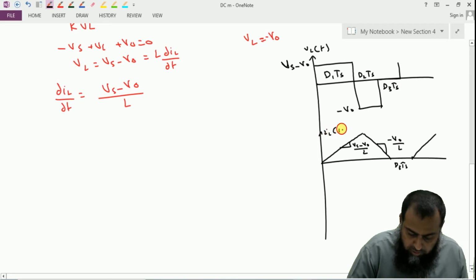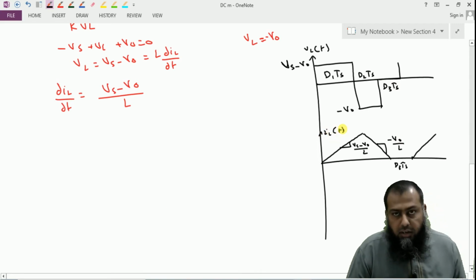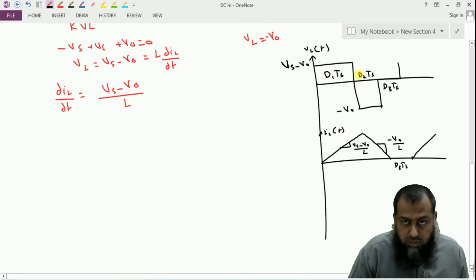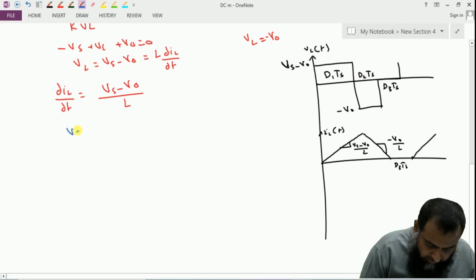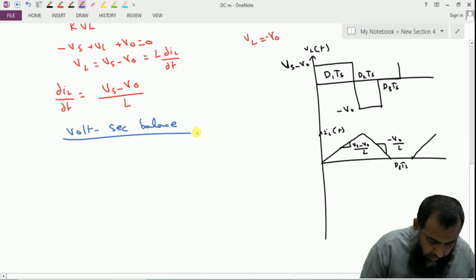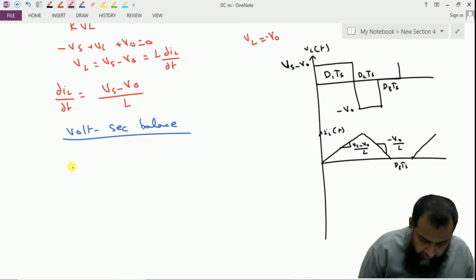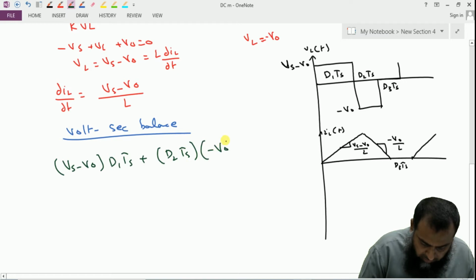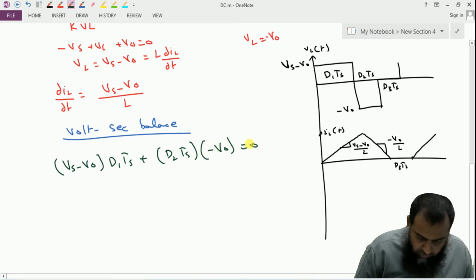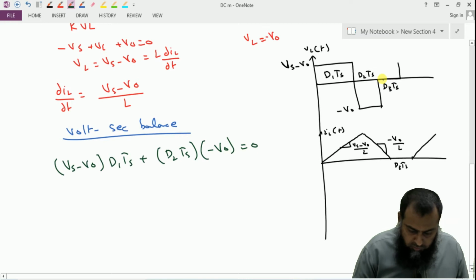So let us derive the transfer function using the volt-second balance across the inductor. If I apply the volt-second balance here, we have Vs minus V naught times D1 Ts plus D2 Ts times minus V naught equal to 0, because the third interval is already 0, so we don't need to cater for this D3 Ts.